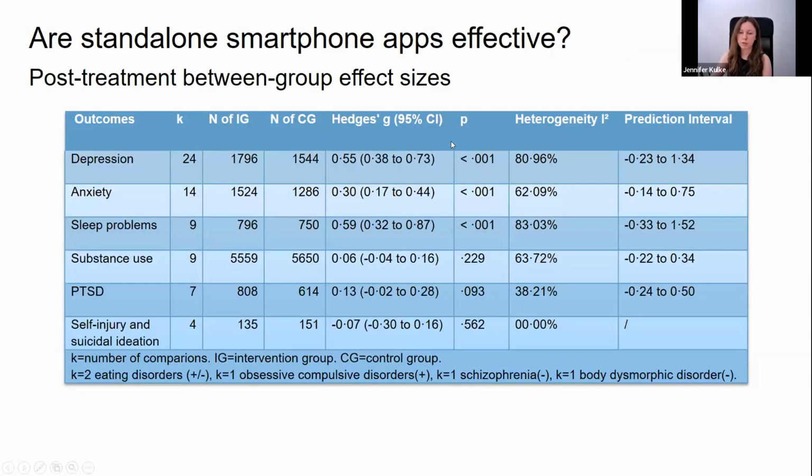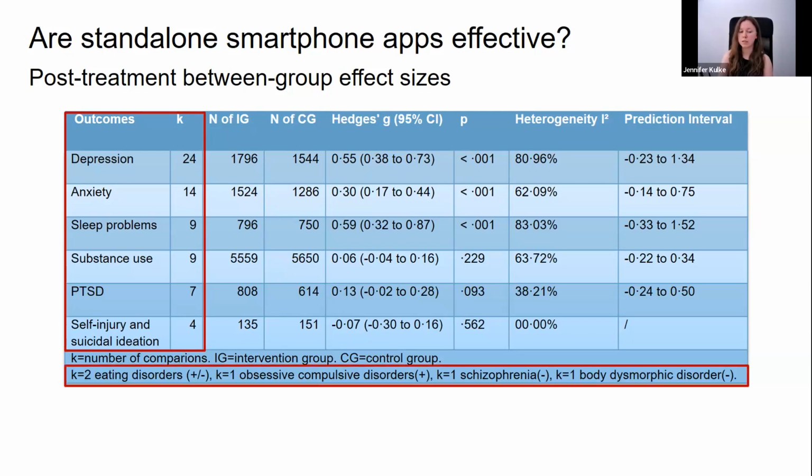When we look into the effects of those apps, we see first that most of those studies were conducted on the outcomes depression and anxiety, but also sleep, substance use, PTSD, self-injury, and suicidal ideation, and less often eating disorders, OCD, schizophrenia, and body dysmorphic disorders were part of those studies.